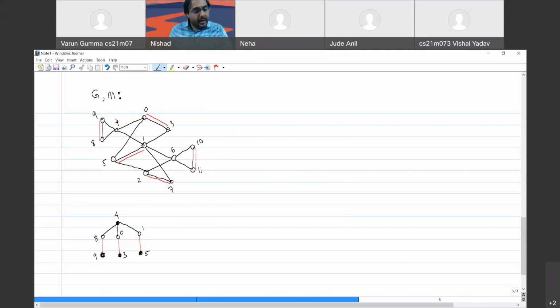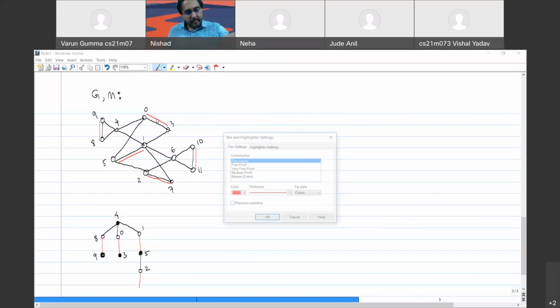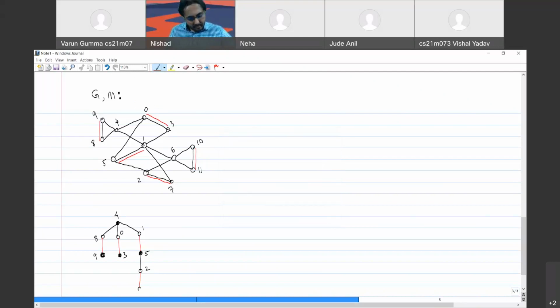No, actually, that's not true. 9 has only 4 and 8, which are already in the tree. 3 has neighbors 0 and 1, already in the tree. 5 has neighbors 0, 1, and 2. 0 and 1 are already in the tree, but 2 is not, so let's go further. 2 is matched to 7, so let's add that. 7's neighbors are 0, 1, and 2, which are already in the tree.